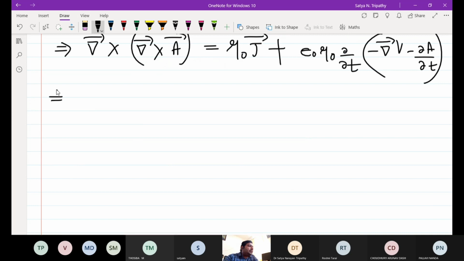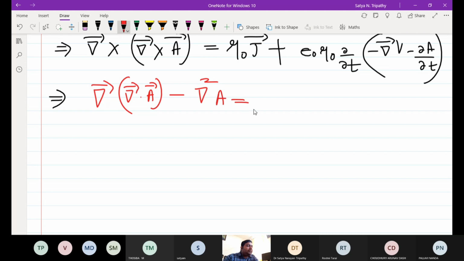So this is basically del of del dot A, gradient of del dot A, minus del square A is equal to mu 0 J plus epsilon 0 mu 0 gradient of this.